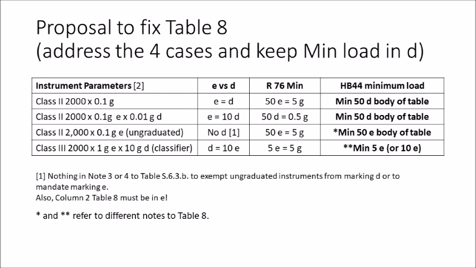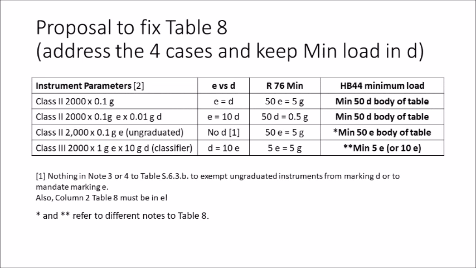We would have to also include the Class 2 high resolution, E equals 0.1 gram, D equals 0.01 gram, so E equals 10D, the R76 is 50D, and the Handbook 44 would now become 50D in the body of the table.